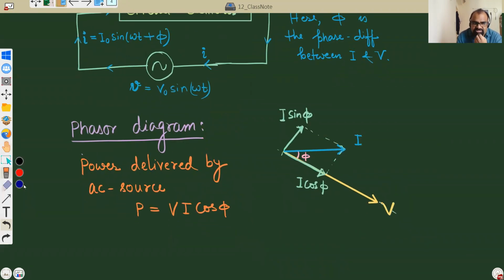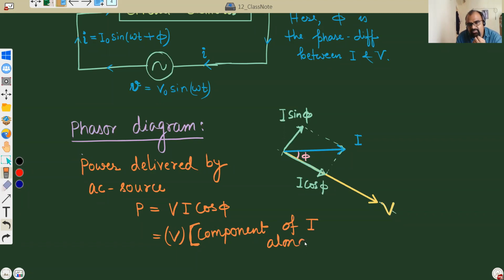Now, if you notice this, it is V into the component of this current in the direction of voltage. I mean, this I cos phi is the component of I along V.